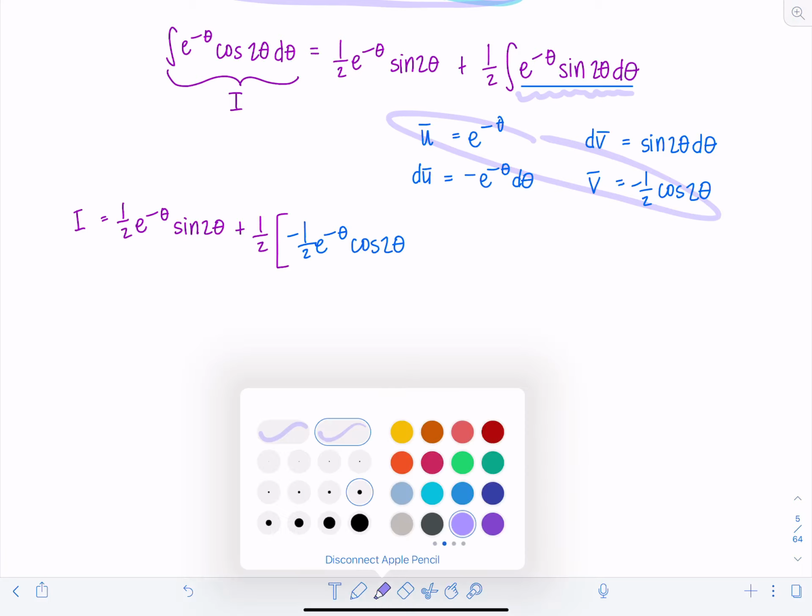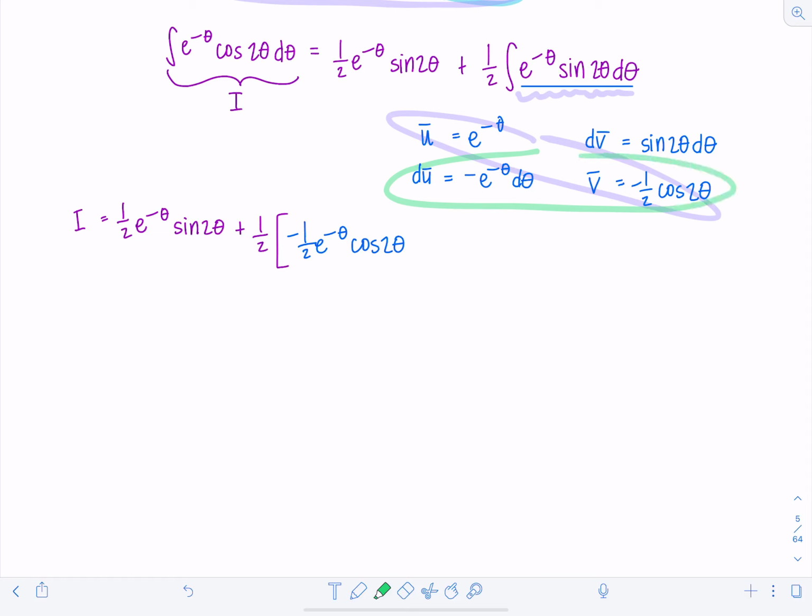And then let's see, v du, these two negatives are going to cancel. So I still have minus the integral, let's take the 1/2 out actually, integral of e to the negative theta cosine 2 theta d theta. Whew, we made it.